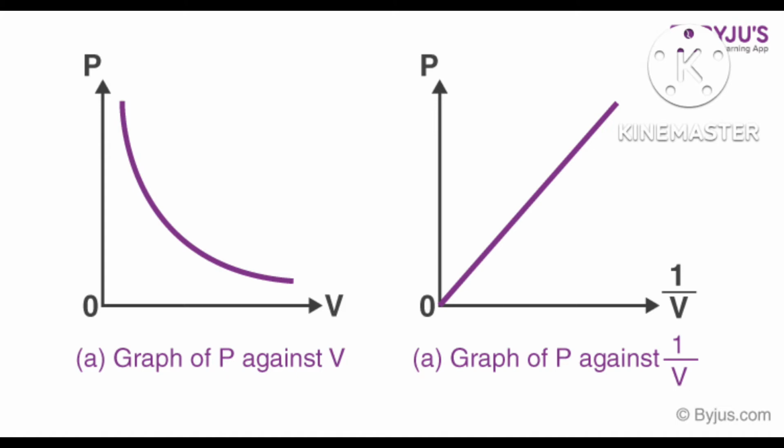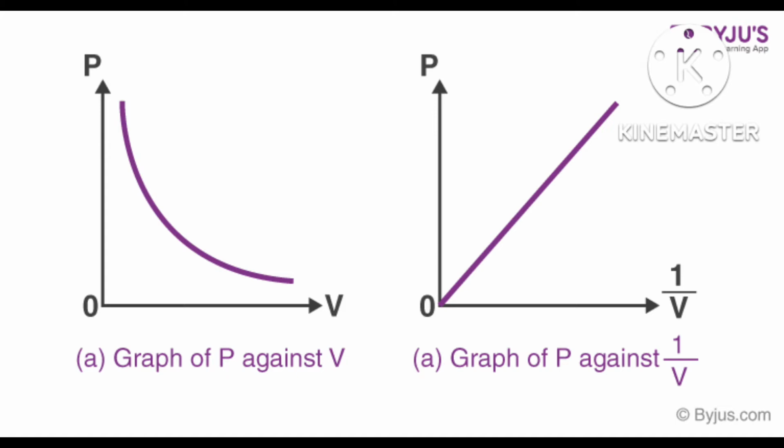Mathematically, you can write P is proportional to 1 upon V, at constant temperature and n, small n.